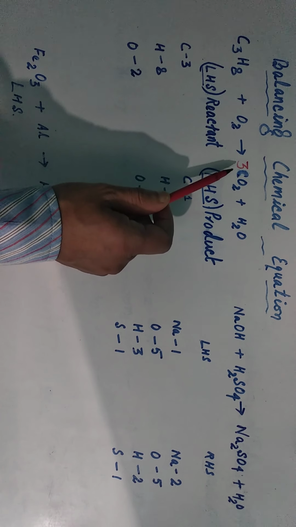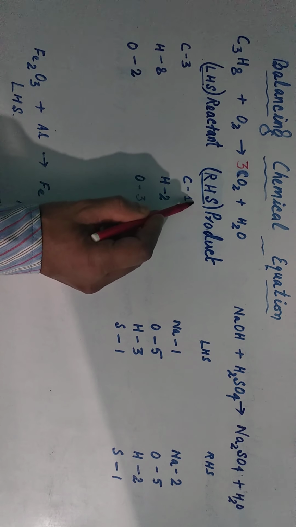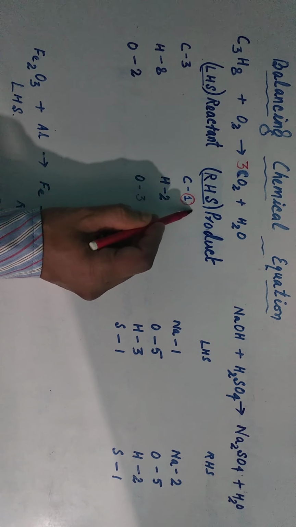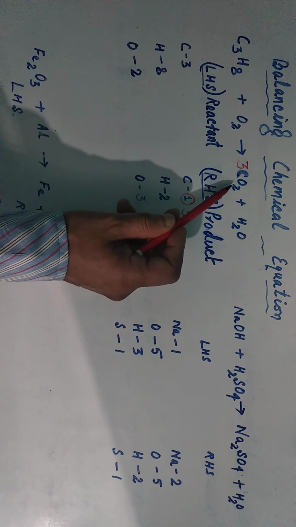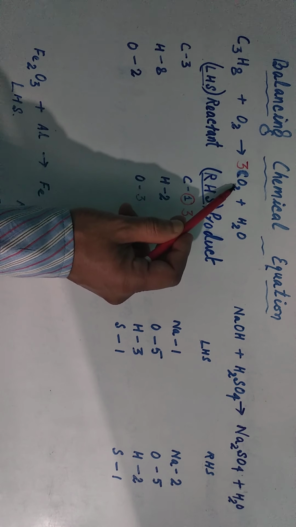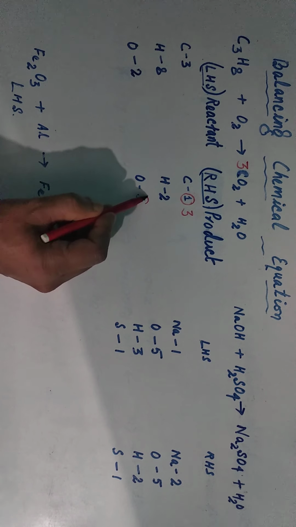If we multiply this carbon molecule with 3, then the new carbon atom count will be 3. Now certainly there will be a change in the number of oxygen atoms. So 3 into 2 becomes 6. So the new oxygen atom count will be 6.